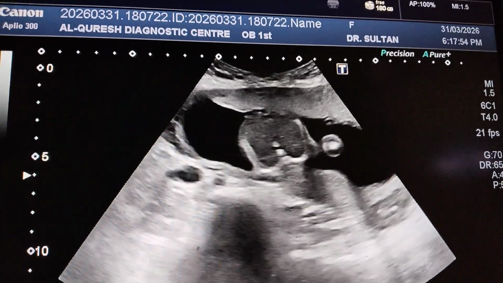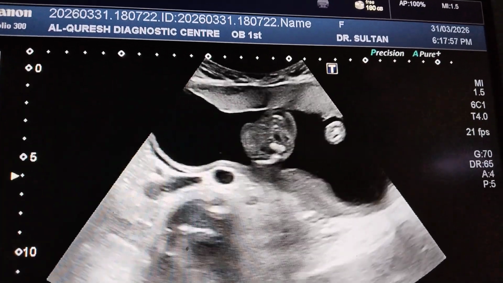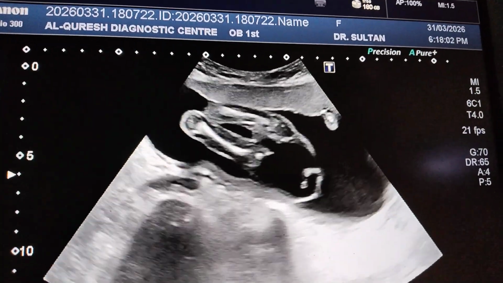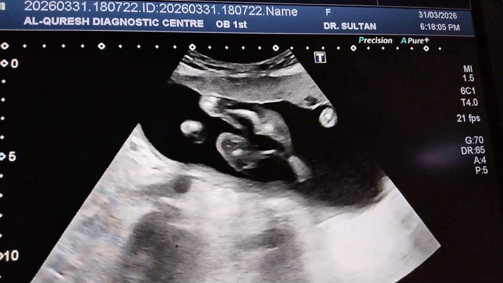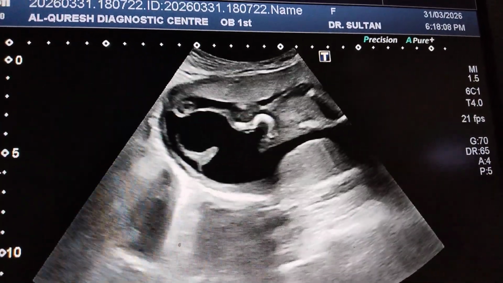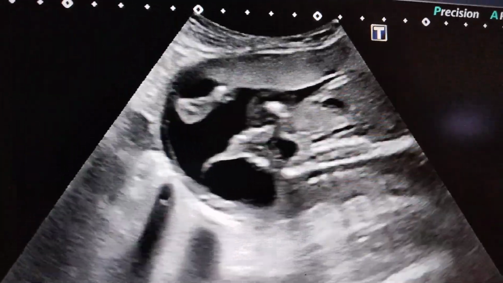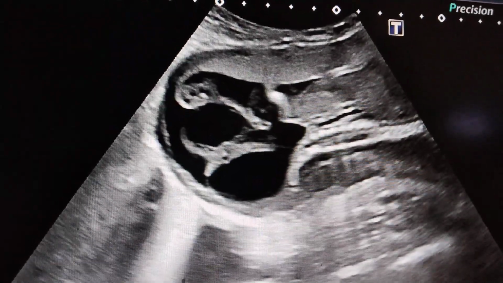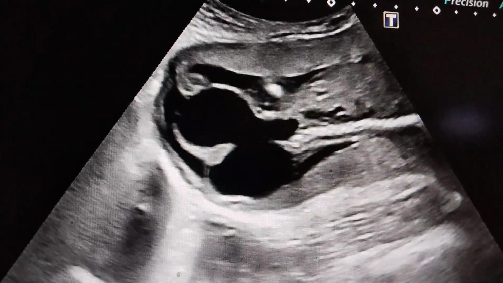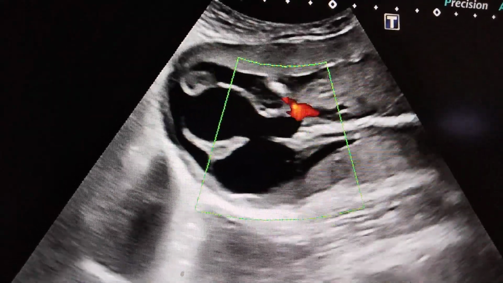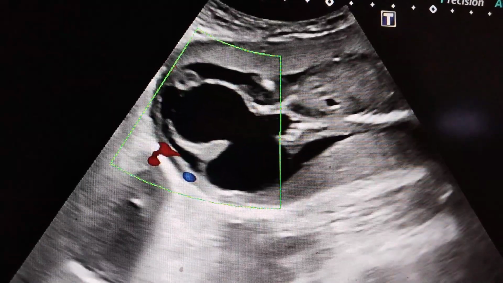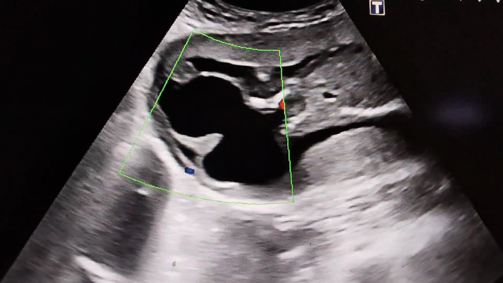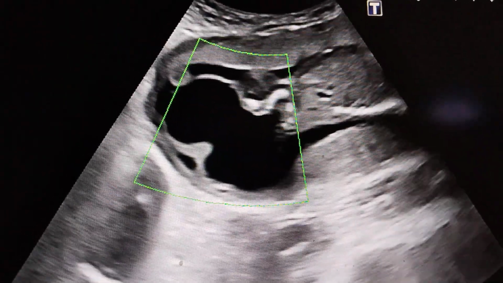Look here. Due to the pure cystic lesion, no vascularity is seen here.